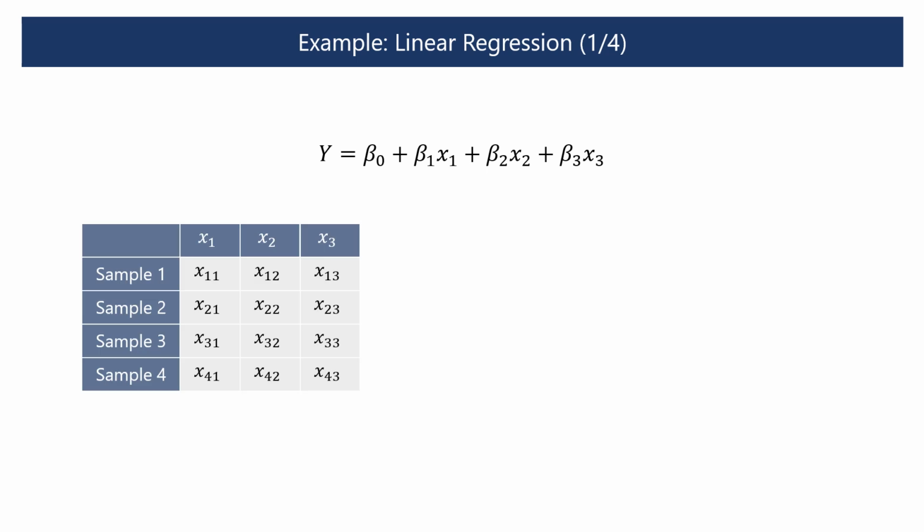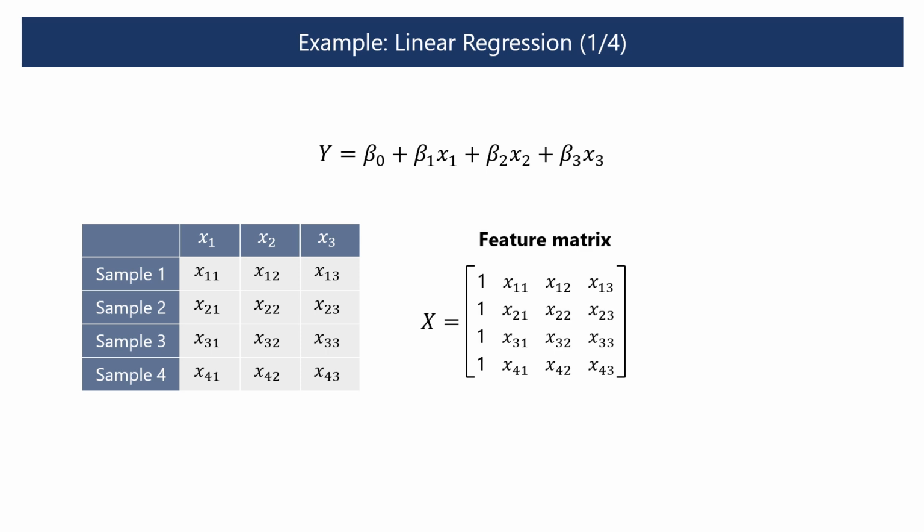Suppose we want to compute predicted values for this dataset. It consists of 4 samples and 3 predictor variables, x1, x2, x3. Each sample has its value for x1, x2, and x3. We can define a feature matrix of this dataset.